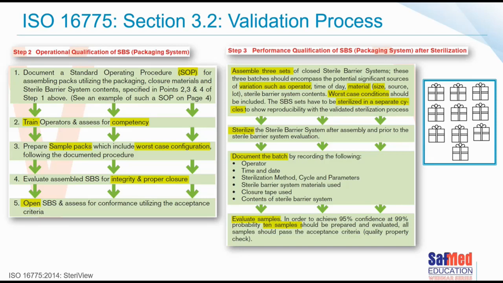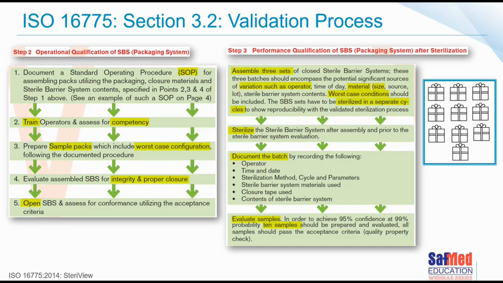You assemble 3 sets of 10 samples of sterile barrier systems, taking into account different variations, different operators, different time of the day, different types of materials, and bearing in mind worst case conditions. And then you need to sterilize them.